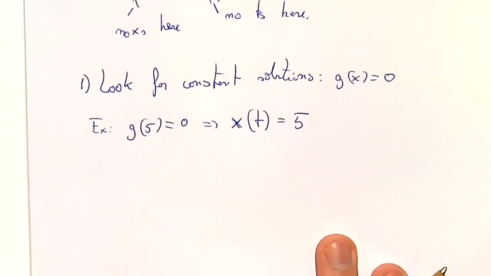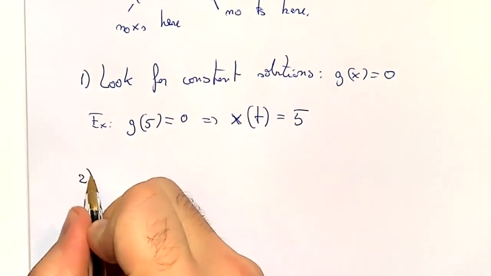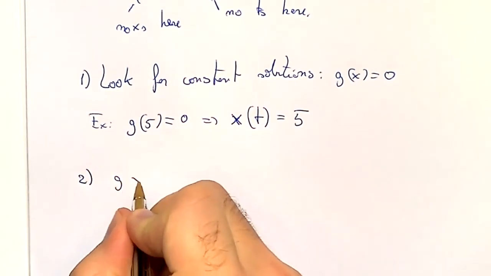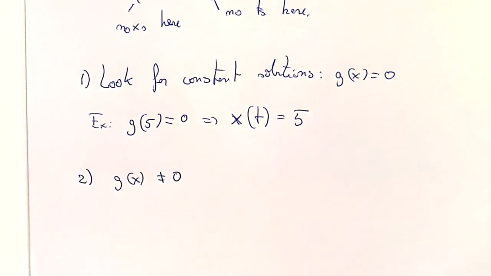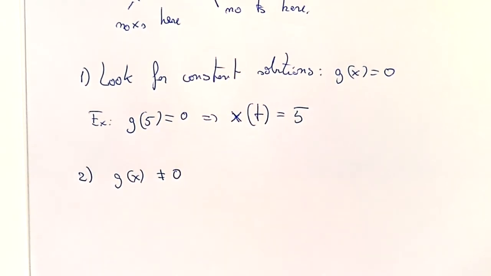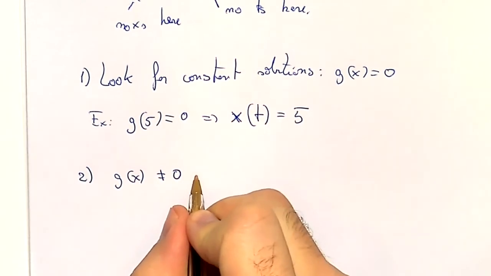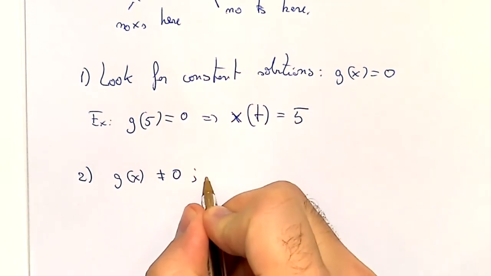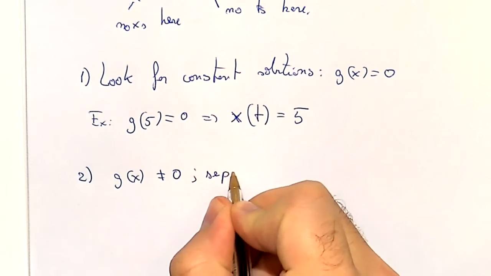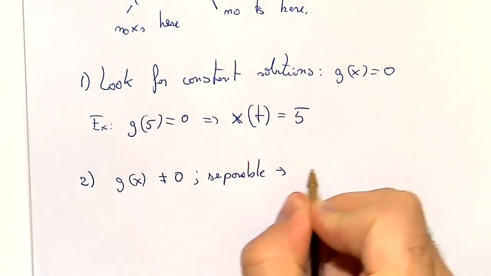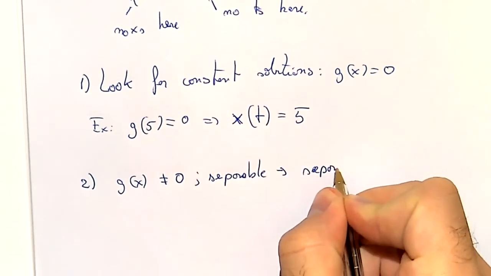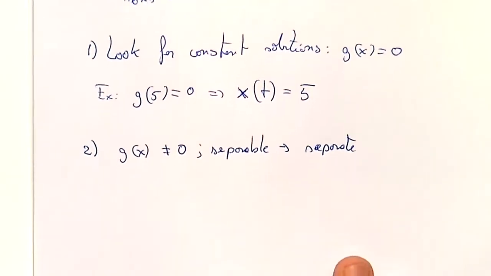Now, once you do this, you go to step number 2, which is the case where g(x) is not 0. The way to remember how to solve this is that separable means separate. I think that kind of makes sense.